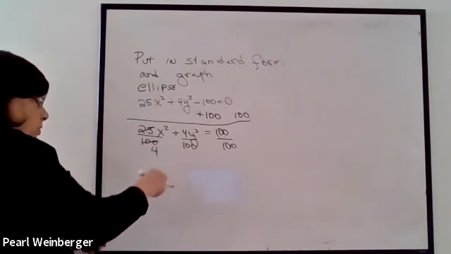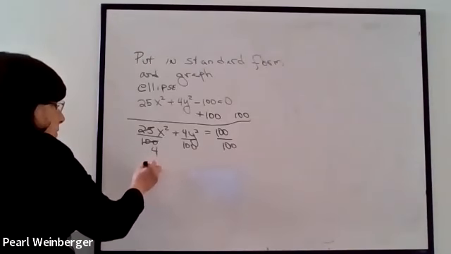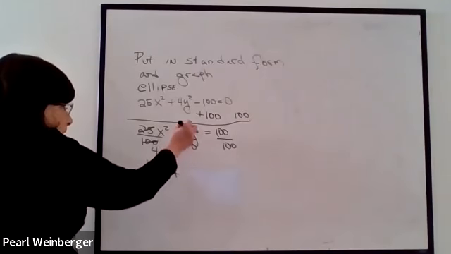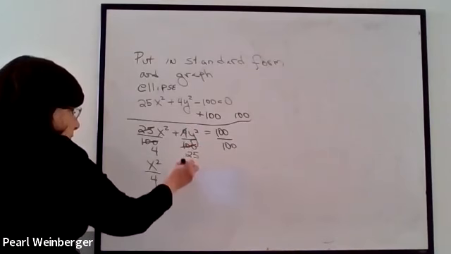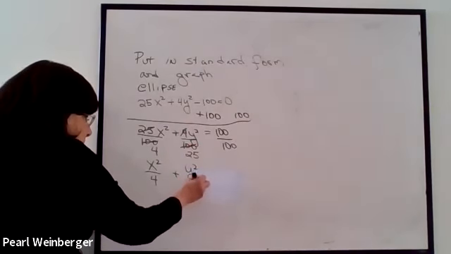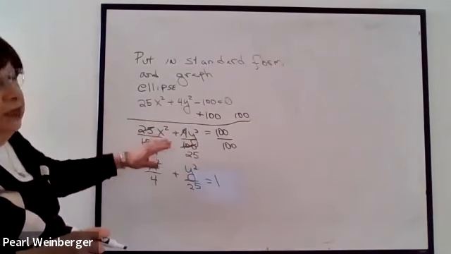Remember, you're always left where the number is larger. So that gives me x squared over 4. And this cancels down and this gives me 25 on the bottom. So we get 25 y squared over 25 equals 1, which looks much more like the standard form of an ellipse.